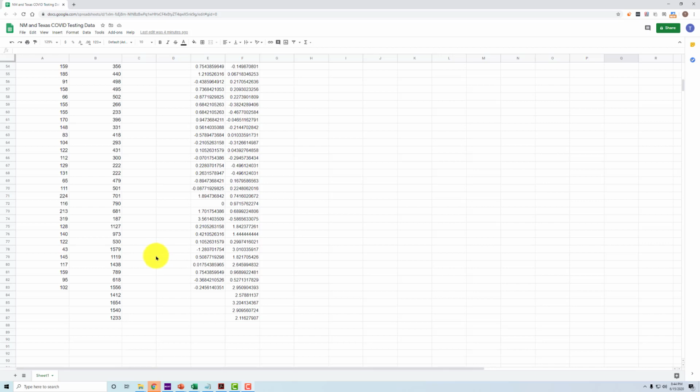But if we look at the data, we can see that New Mexico really had an isolated peak for a handful of days and went right back towards the mean, right, where our z-scores are fluctuating around 0 again. So it's a very narrow time period. Whereas in Texas, we have seen a pretty dramatic increase and consistent increase over multiple days without regressing back towards the mean.